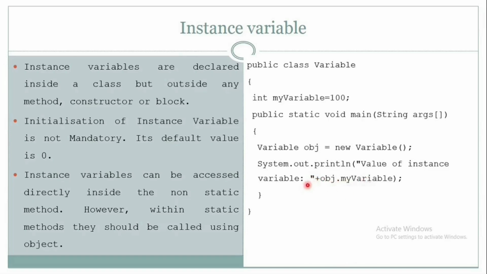Now what is the output of this simple code? Value of instance variable is 100. However, the value of this instance variable I can easily access by a non-static method. I need not use any object to call this instance variable by a non-static method. Yes, that's it about this instance variable.